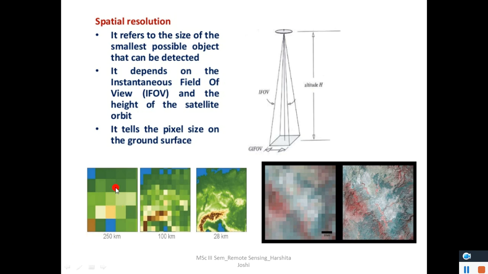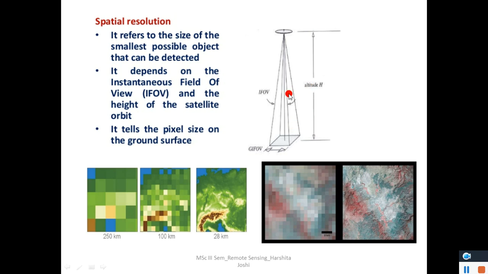These pixels are actually representing the IFOV. This is the scanner, this is the instantaneous field of view, this is the ground's instantaneous field of view, and it is seen as a pixel in the image. Now it depends upon the altitude also.